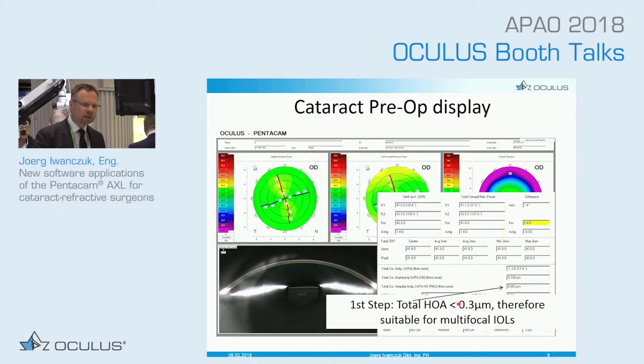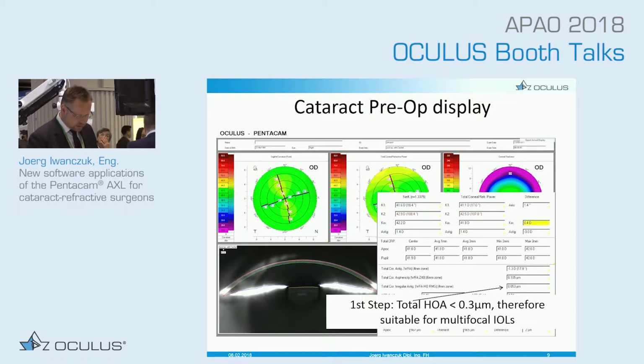If this value is below 0.3, the patient is from corneal optical conditions suitable for a multifocal IOL. That means he has less aberrations, not to reduce the contrast sensitivity that much. If the patient likes it, that's the next step. That's what has to be discussed with the patient. But you have a good guideline if we could recommend a multifocal.